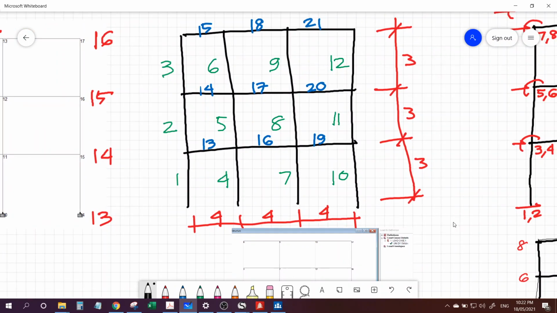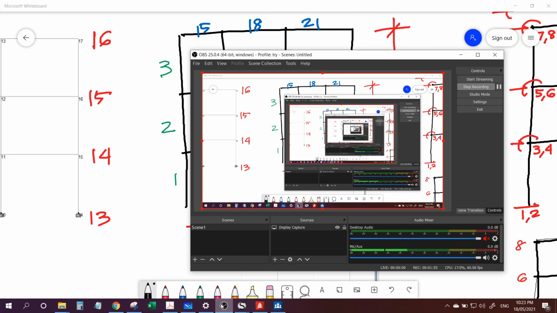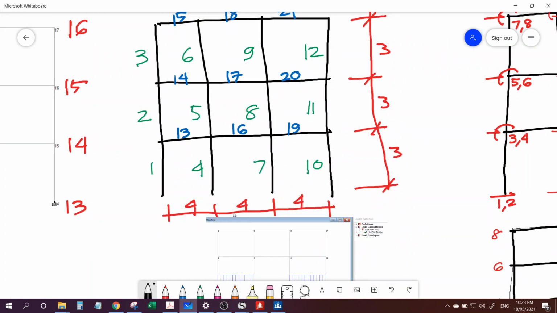For the members, we have 1, 2, 3, up to 21. So we have 16 joints and 21 members. And the span of the girders is 4 meters, while the columns are 3 meters.